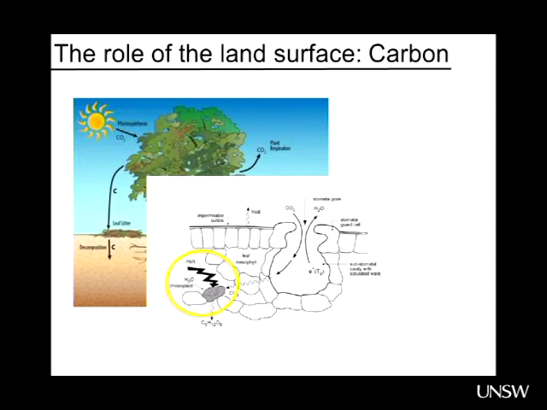Stomates take energy, photosynthetically active radiation from the sun, and they use it to fix CO2 from the atmosphere and consequently release oxygen and water vapor through these pores on the leaf.